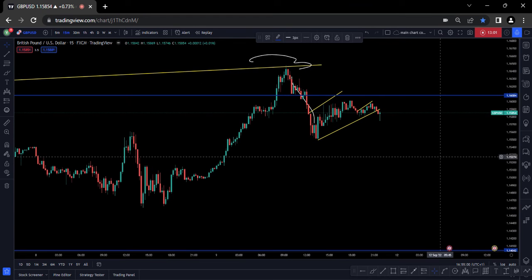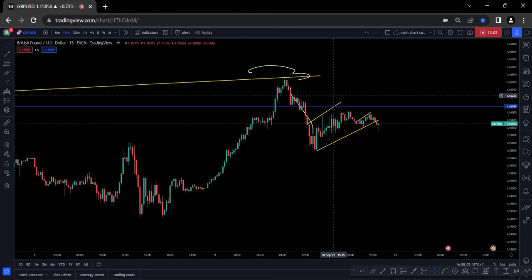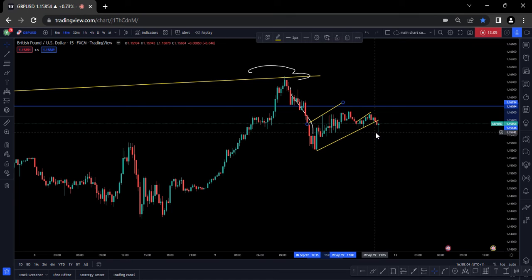So you might possibly see something like this to retest this area.